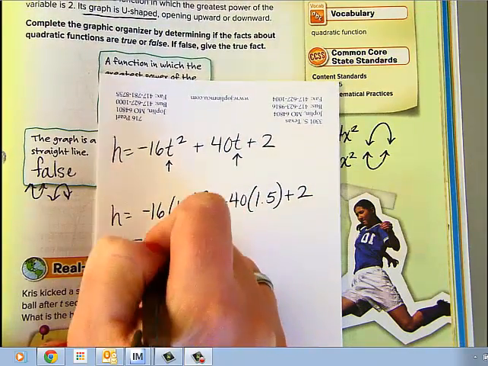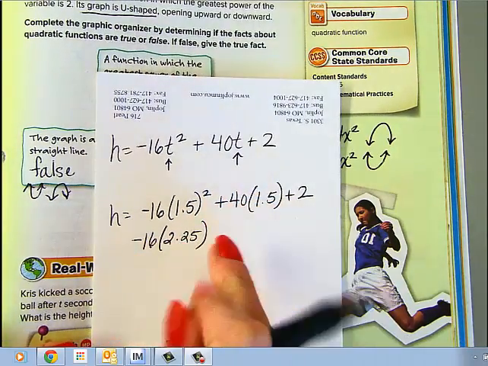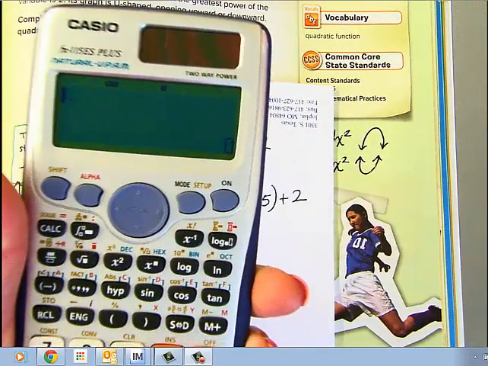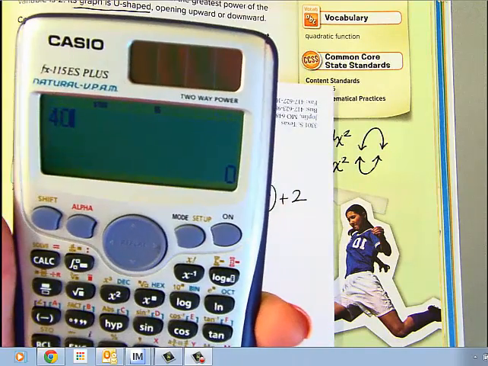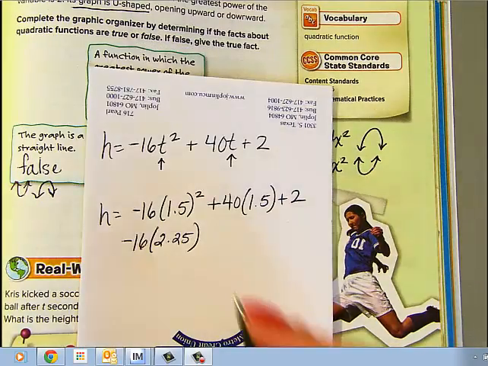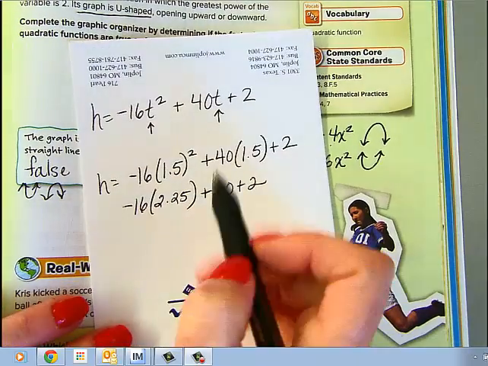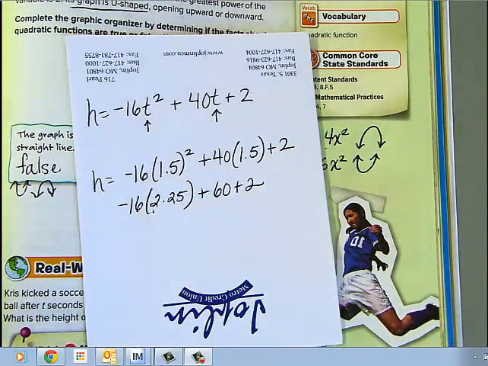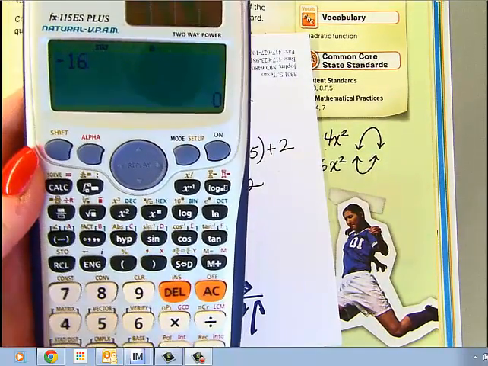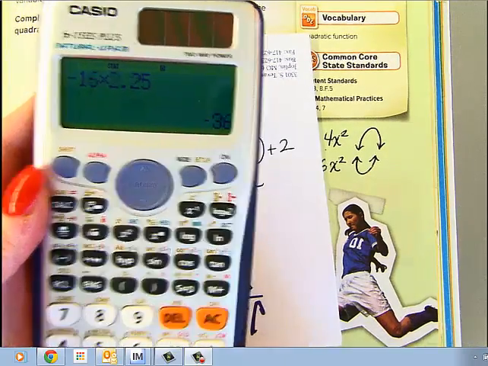So I now know that this is negative 16 times 2.25 plus 40 times 1.5. So again, I take 40 times 1.5, which is 60. So this is plus 60 plus 2. Well, now I have to take the negative 16 times 2.25. So on the calculator, I do a negative 16 times 2.25, and that equals a negative 36.